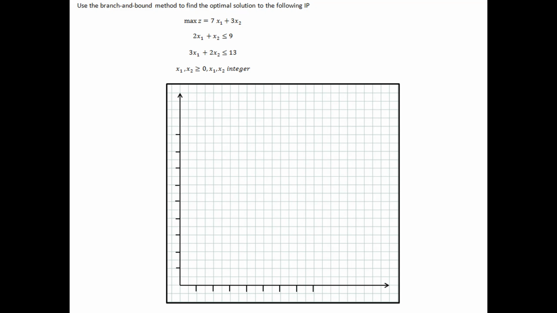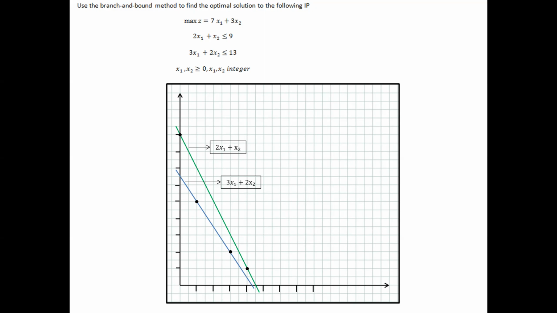So what we are going to do is, remember, we start by solving the LP relaxation of the problem. We are going to use the graphical method and plot the constraints. This is 2x1 plus x2, and this one is 3x1 plus 2x2, less than or equal to 13.